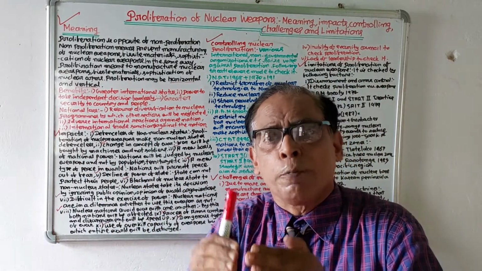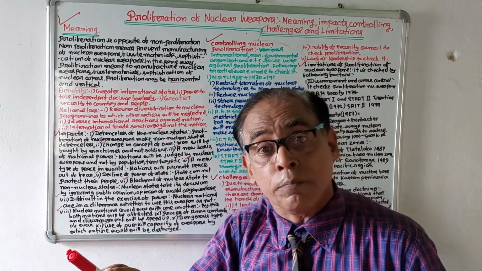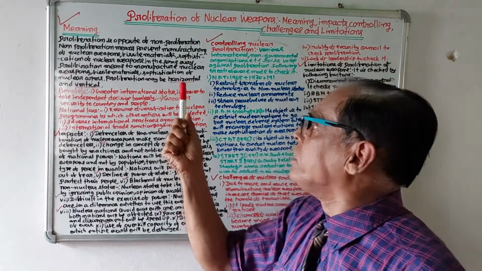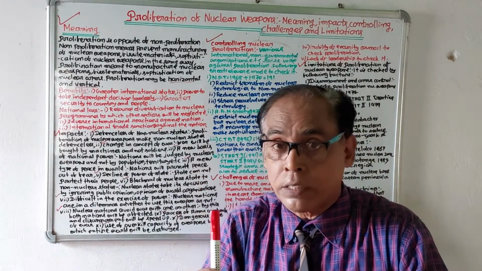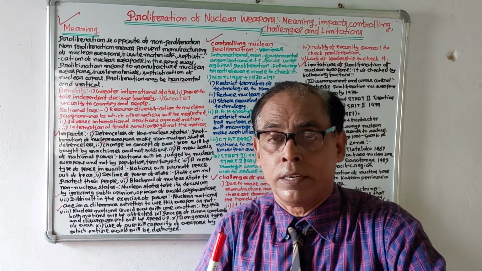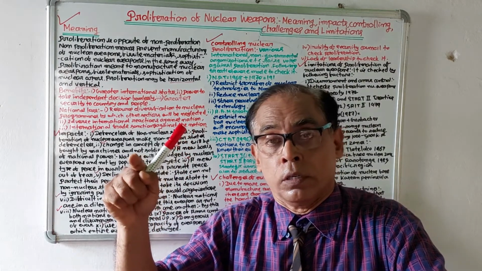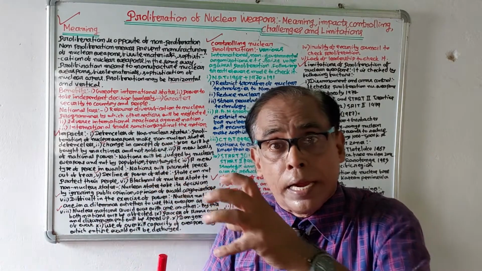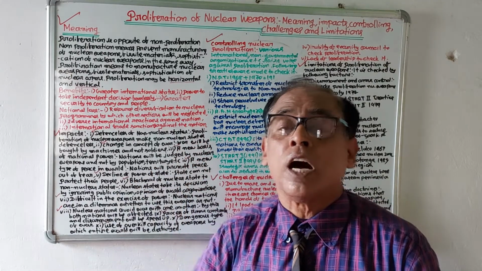And proliferation of nuclear weapons is mainly of two types. One is horizontal proliferation, the other one is vertical proliferation. So what is horizontal proliferation? Horizontal proliferation means if a non-nuclear state acquires technology to manufacture nuclear weapon, it is known as horizontal proliferation of nuclear weapon.